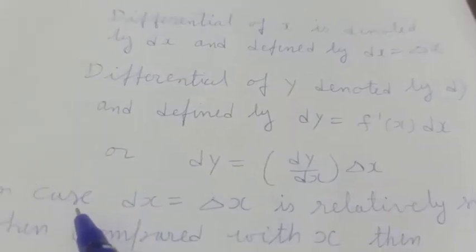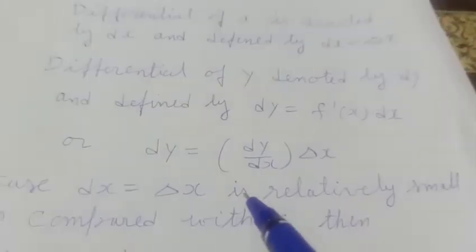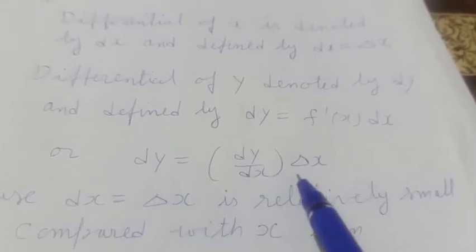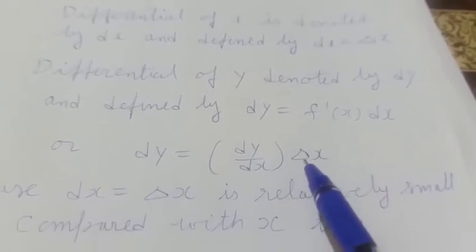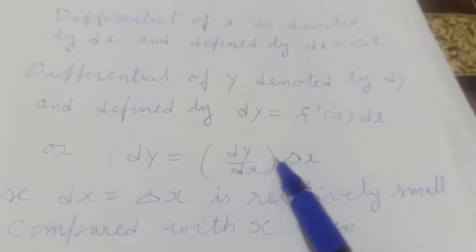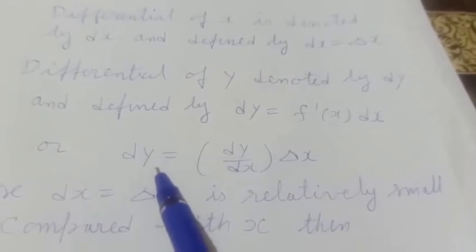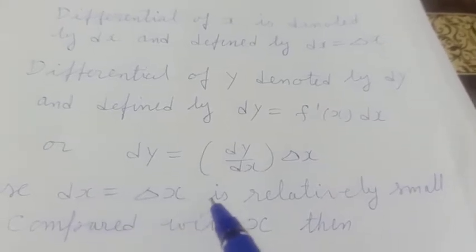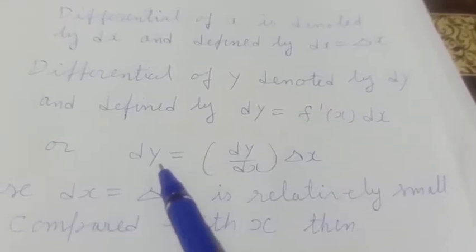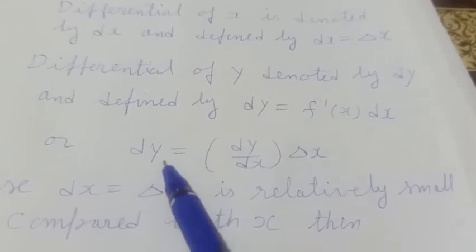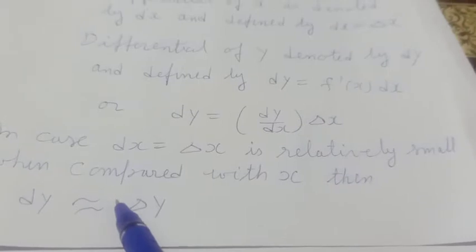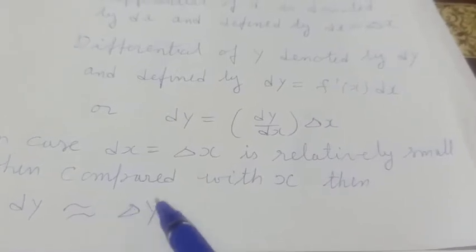In case dx equal to delta x is relatively small, if this dx or delta x is very small, then we can say dy is a good approximation of delta y. Then we can say dy is almost equal to delta y.